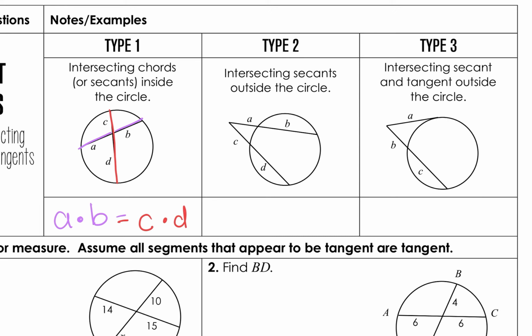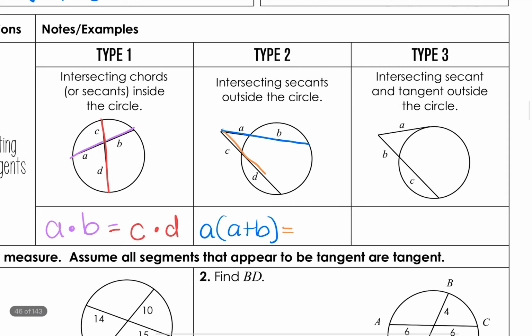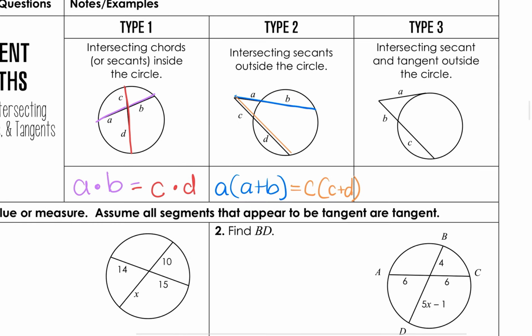Now, when there's an intersection outside of the circle, so we have our secant line, you're going to do A times A plus B will be equivalent to, you can guess it, C times C plus D.